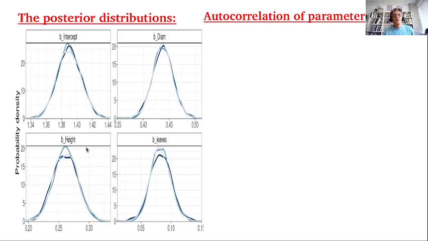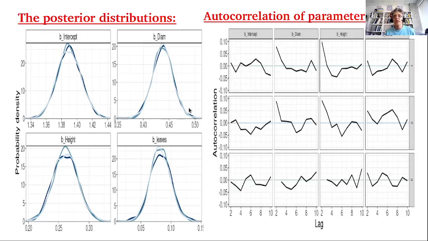So the posterior distribution suggests that all three parameters have converged. The three chains have converged to a common posterior distribution for all parameters. The autocorrelations are all pretty small.